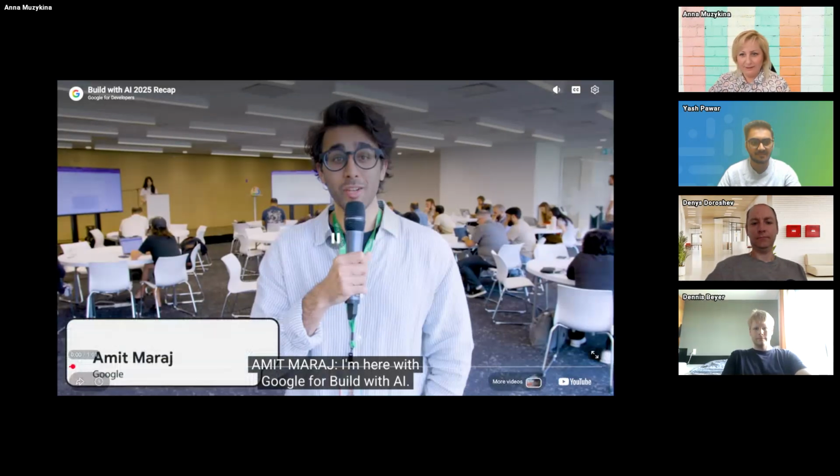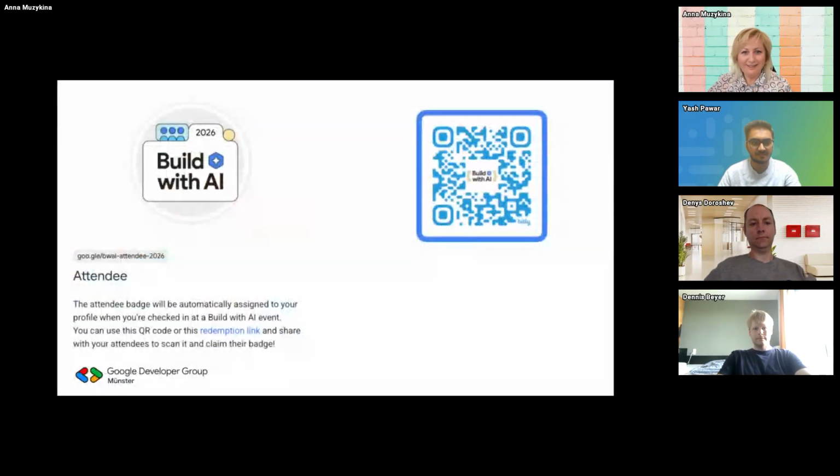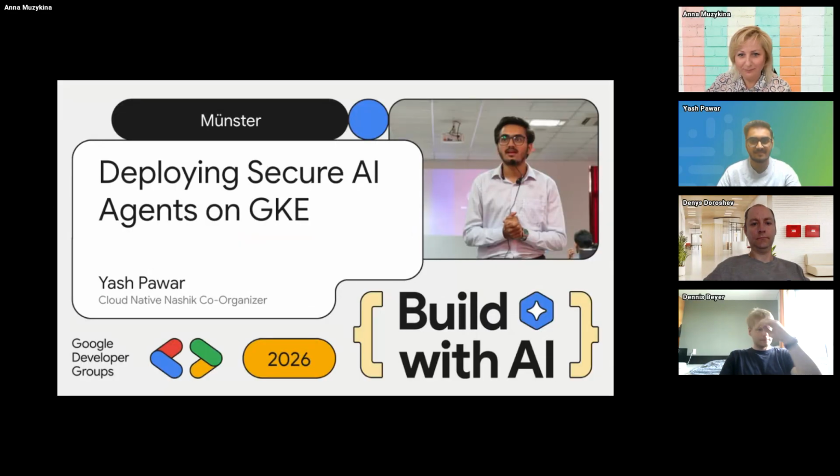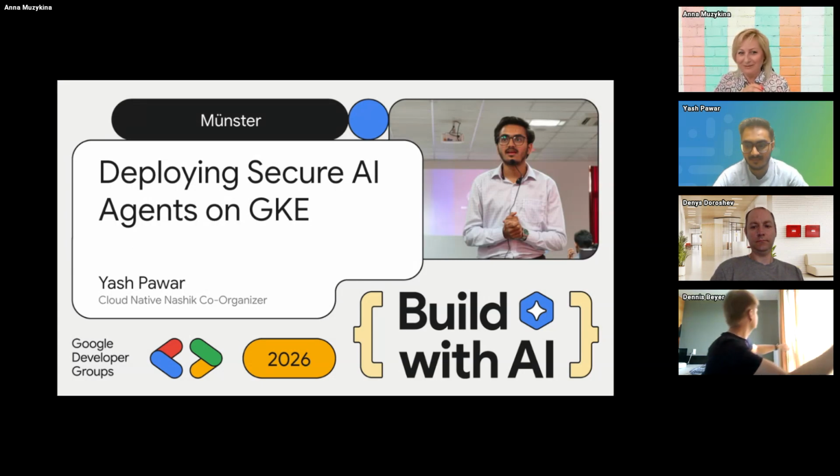Let's introduce our first speaker, Yash Pawar. You're welcome, and we will start today together with this interesting topic. Today, a lot of vibe coders, not even programmers, don't worry about security.